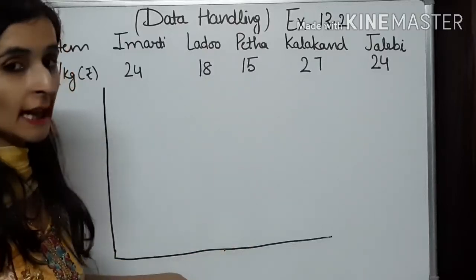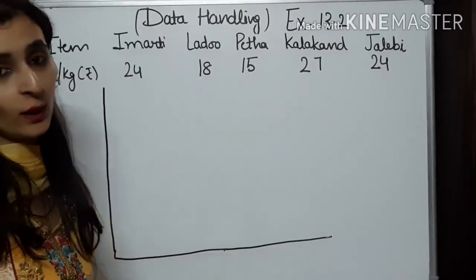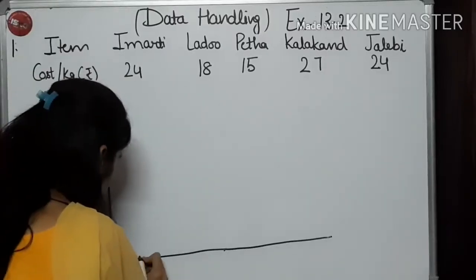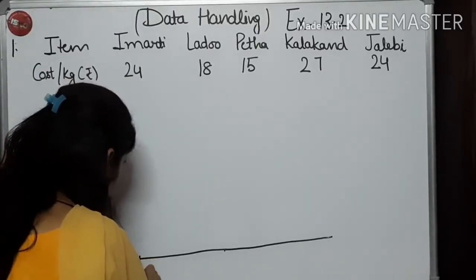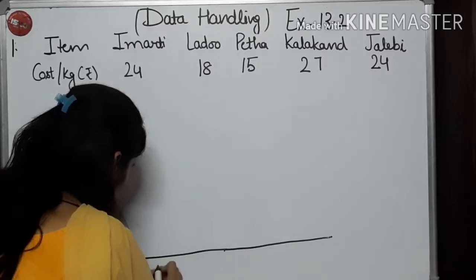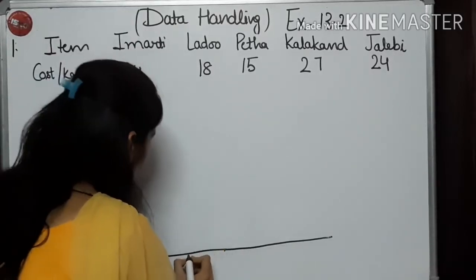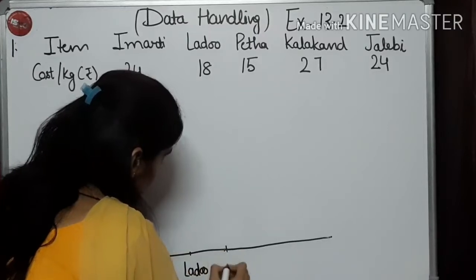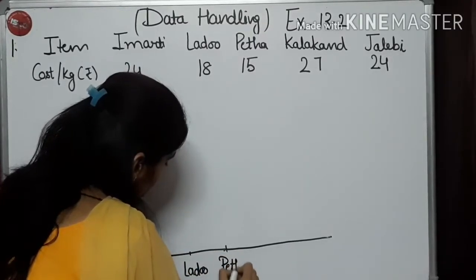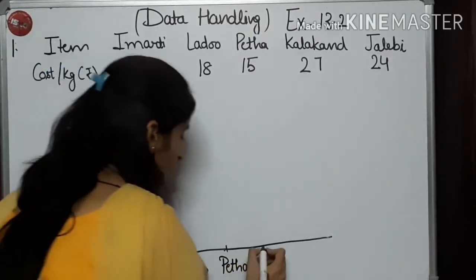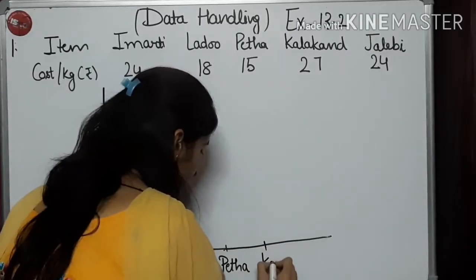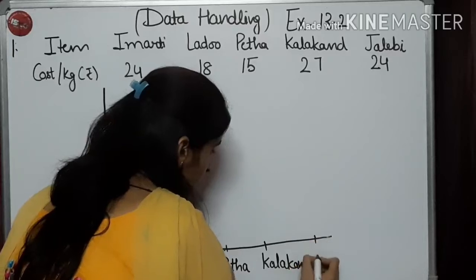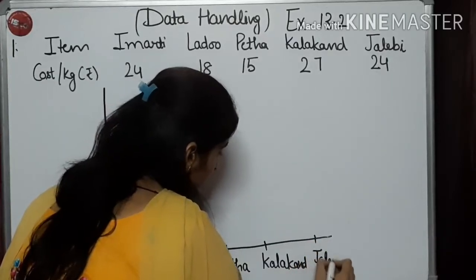This is the horizontal axis, so I am going to write the names of the items on the horizontal axis. First of all I am going to write here Imarti. Then we have Laddu, Petha, Kalakand, and at the last there is Jalebi.